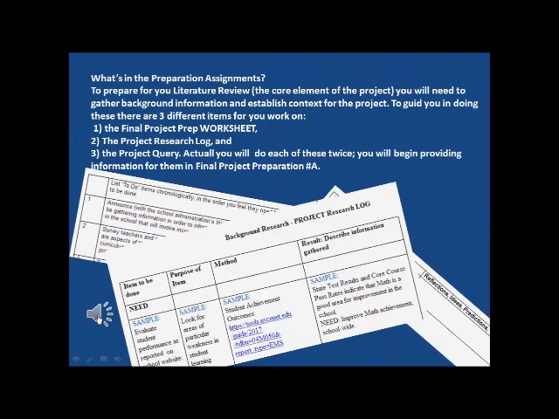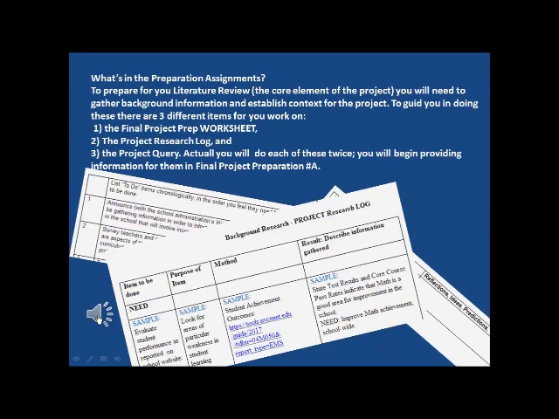So, what's in the preparation assignment? Actually, 3 things you'll be doing. 1, I've provided a little activity called the Final Project Prep Worksheet. I'll explain it really as having to do with planning.